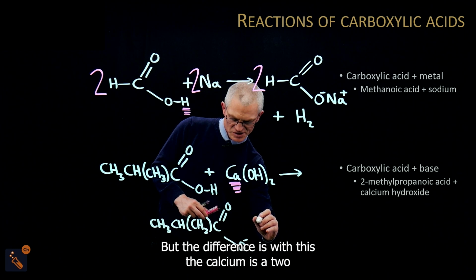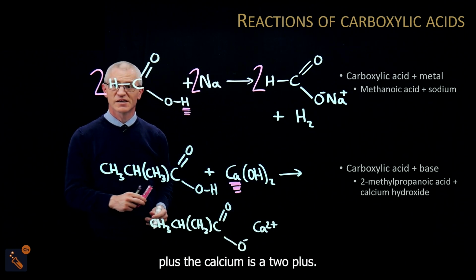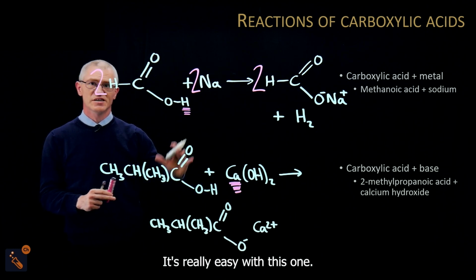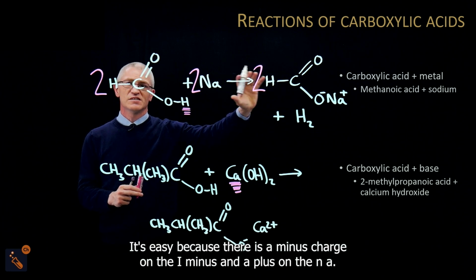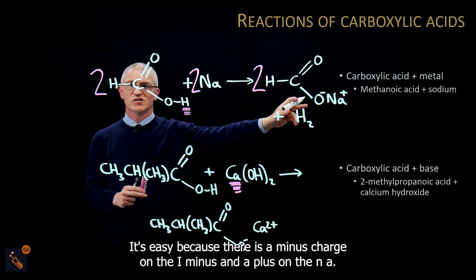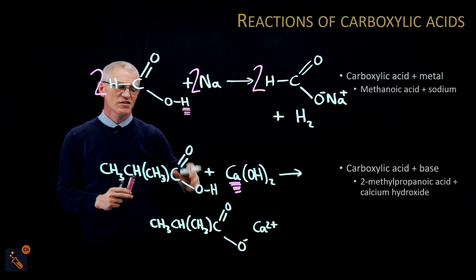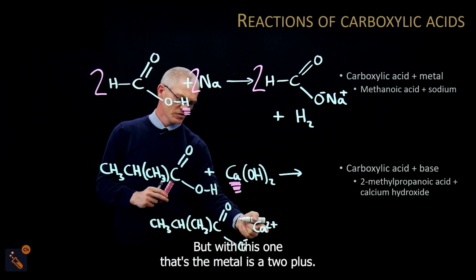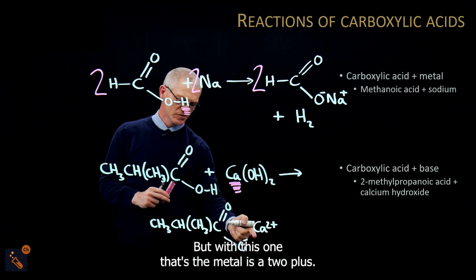Now, the difference is with this, the calcium is a 2+. So you've got to make the whole formula. It's really easy with the sodium one. It's easy because there is a minus charge on the O- and a plus on the Na. Because of that, they just cancel each other out. Quite simple.